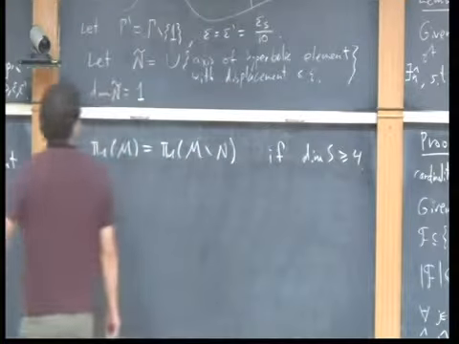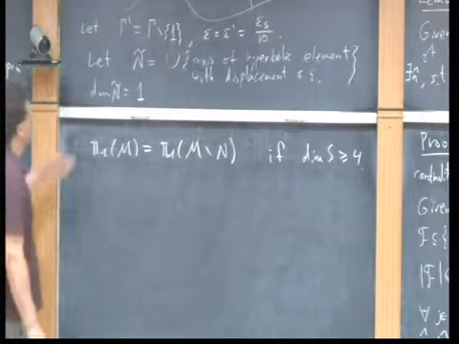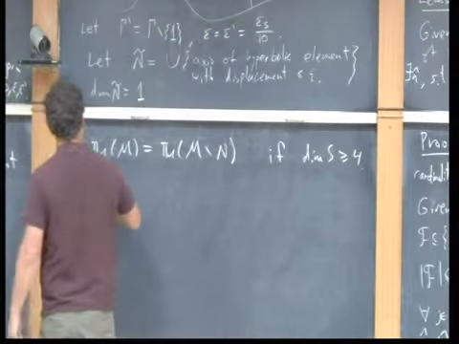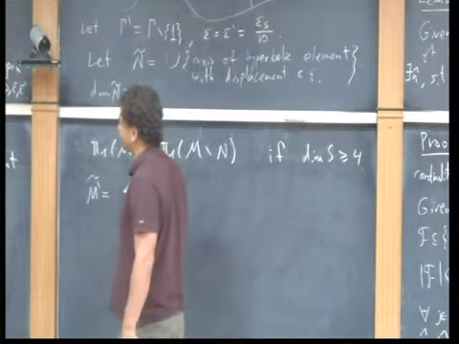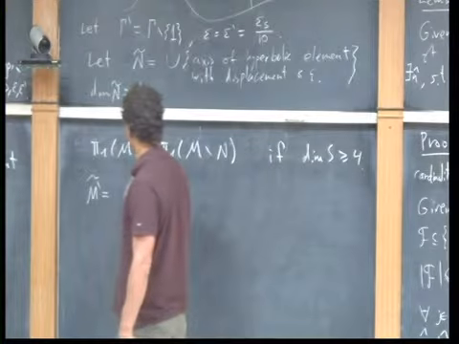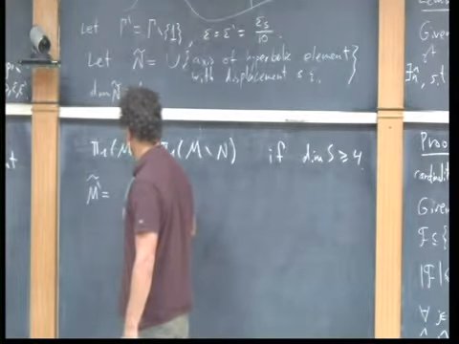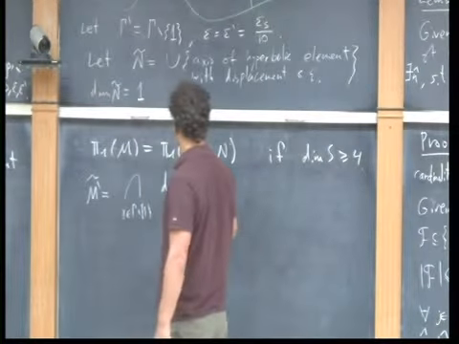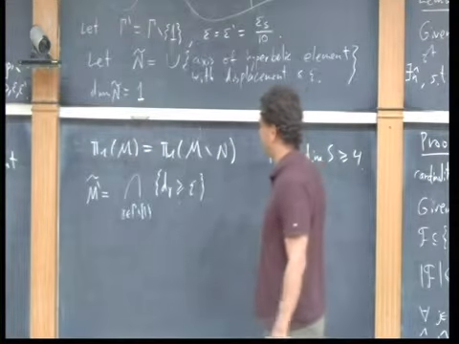Okay. So now we define M prime as before. So M prime tilde is the intersection over all gamma in gamma minus identity of the set where the displacement of gamma is greater or equal to epsilon. So this is actually the epsilon thick part.